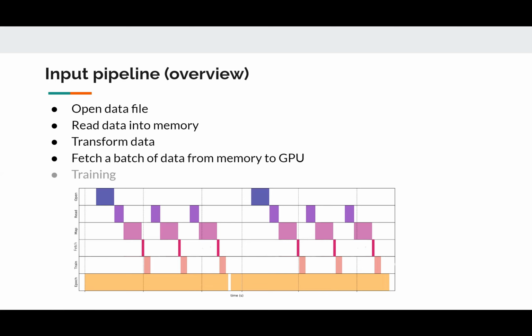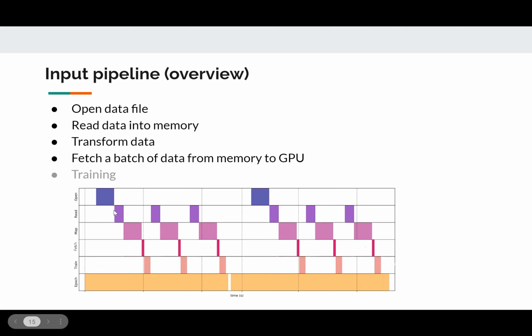And after that, you send the batch of data from memory to the GPU, and then the GPU does the training job. So you see the input pipeline is composed of 4 components.